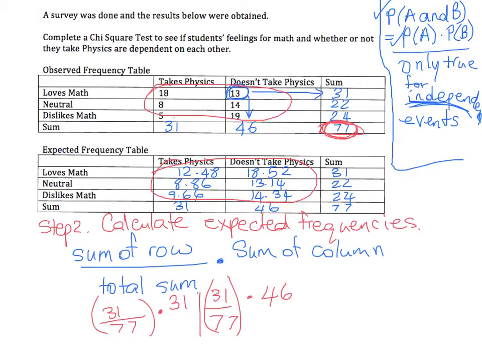We have 18 here and we have 12 here. We have 8 here, but that one's kind of close. So some of them are kind of close, some of them are not. So how do we know whether or not they're close enough to say that this is independent, or the values are far apart enough to say they're dependent? Well, that's what the next step is for.